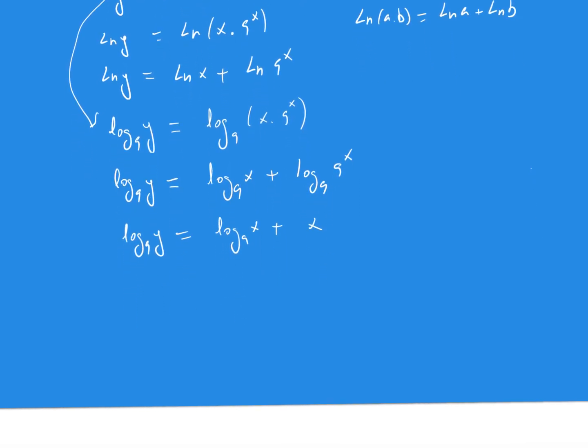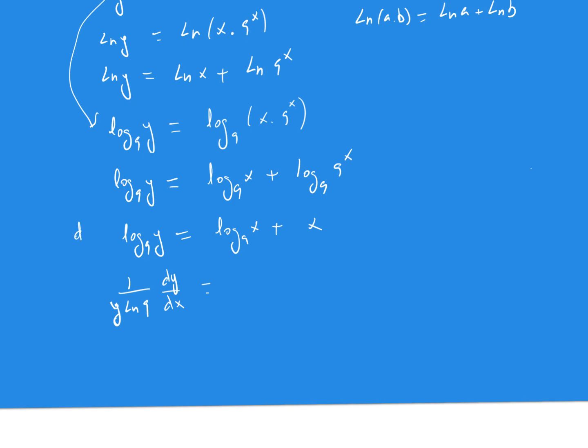Now I will take the derivative. What is the derivative of log base 9 of y? The derivative of log base 9 of y is 1 divided by y times the natural log of 9, times the derivative of y with respect to x, equals the derivative of the right side.